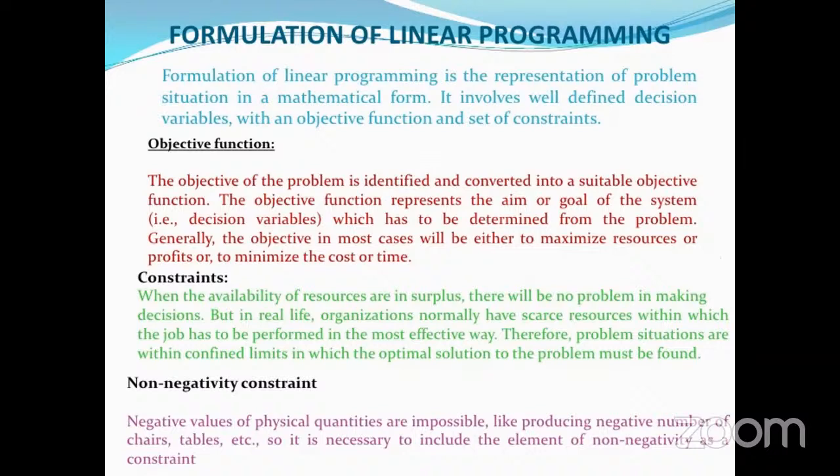So the first thing you need to identify is what? Objective. First is objective, second constraint. No, first thing you need is decision variables. To convert any business problem into a mathematical equation, you need to identify the actual problem upon which we need to take some decisions.